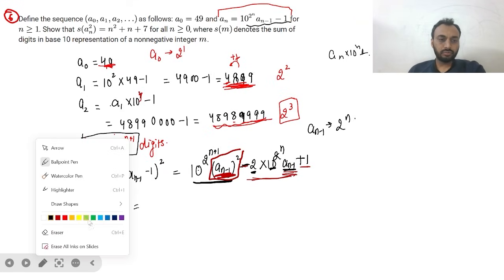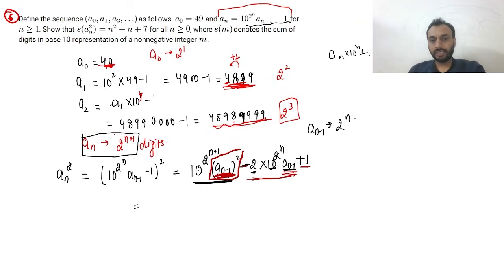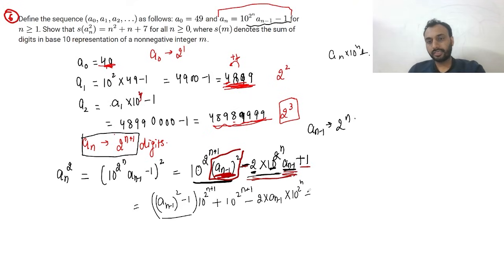For that, as we have AN minus 1 square into 10 power 2n plus 1, I'm picking 1 times 10 power 2n plus 1 from this number and combining it with this number to make it a positive number.